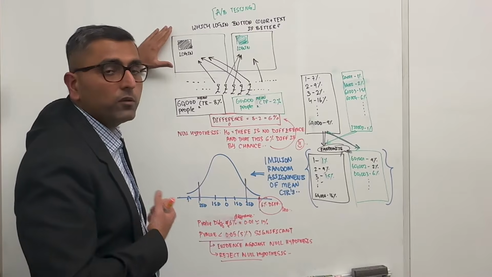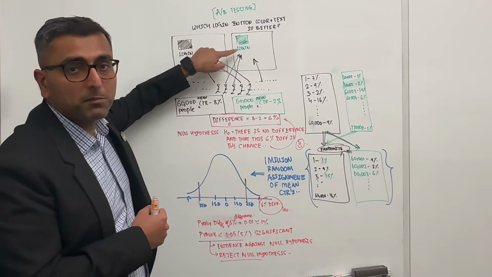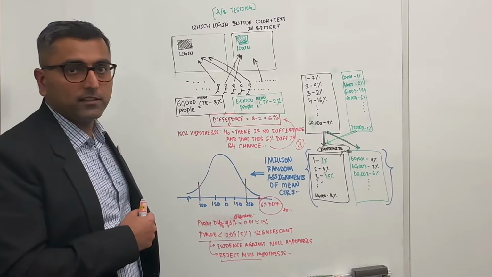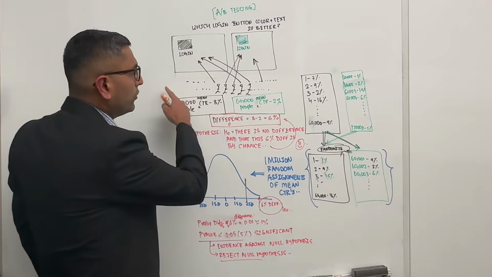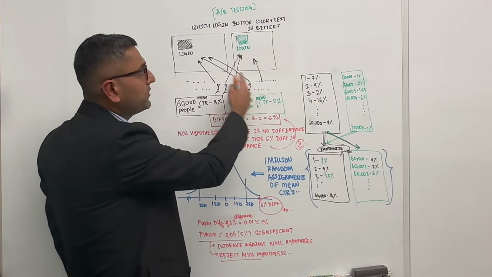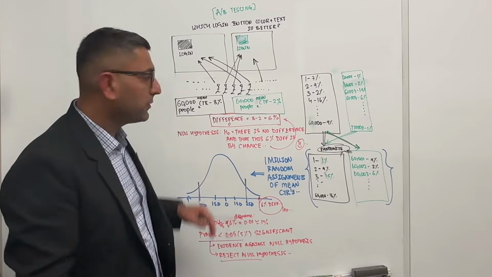So the way you find out and be sure that this button is better or that button is better is you run an A/B test. What do you do with that? You get lots and lots of people and you divide them into two buckets. Let's say we have 120,000 people.